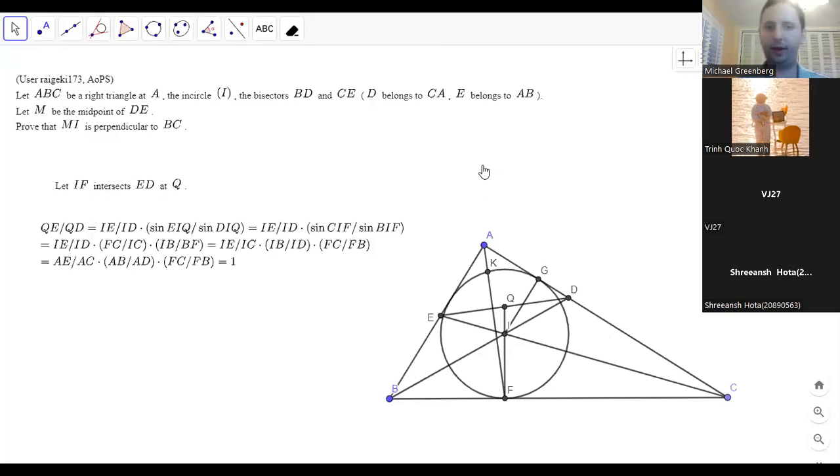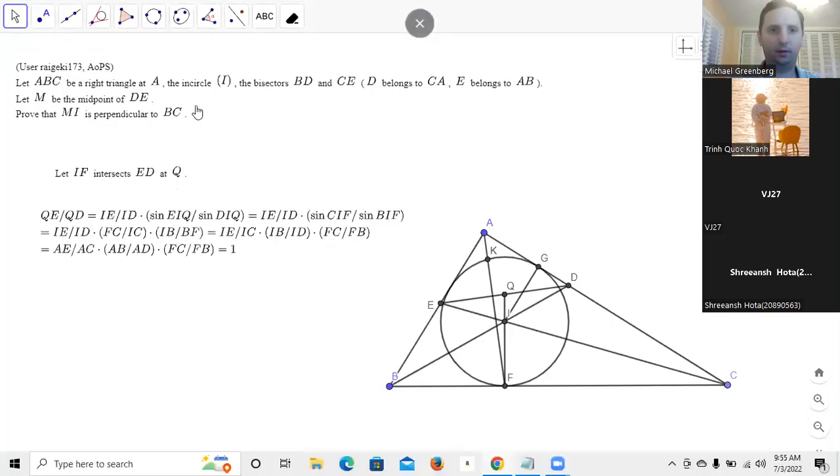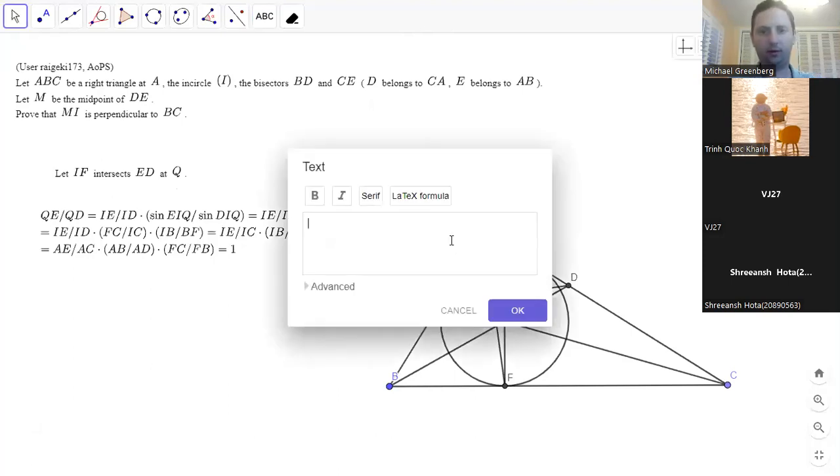Because basically we have ABD is similar to IBF. So I'll say it like this. Since ABD is similar to IBF and ACE is similar to ICF, you can get those last two ratios and that solves it.